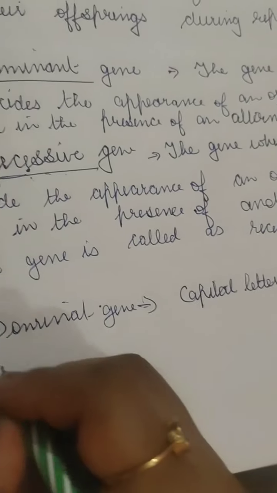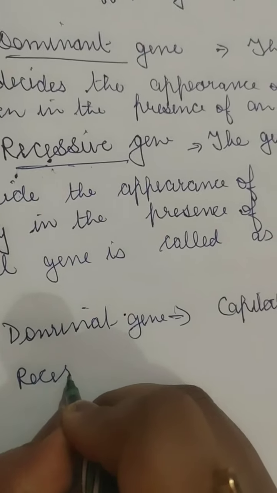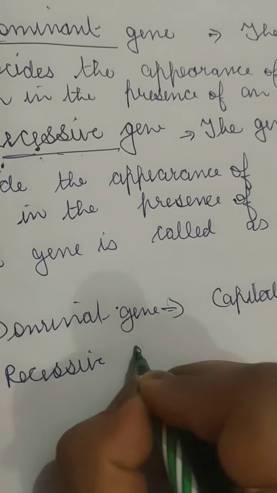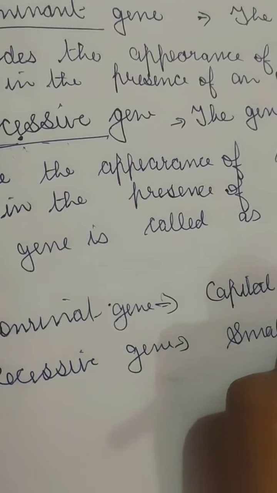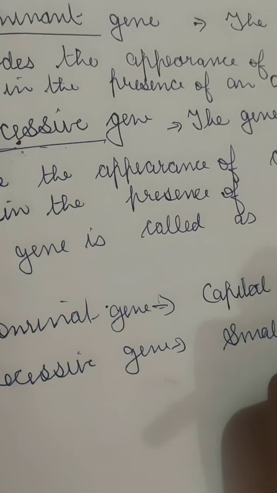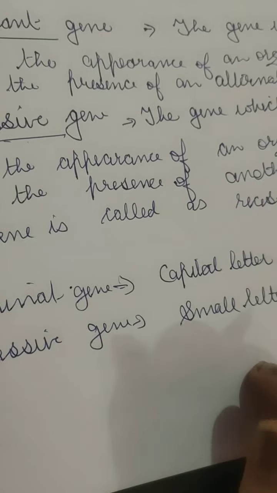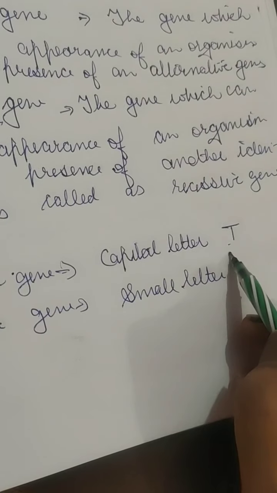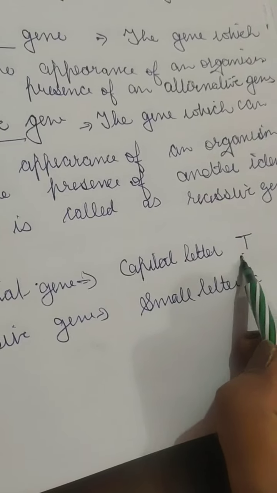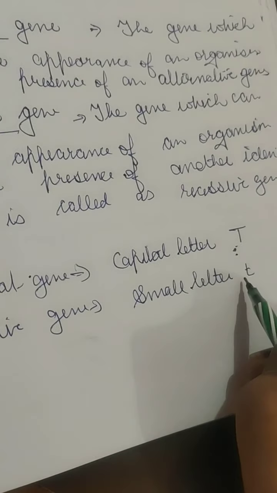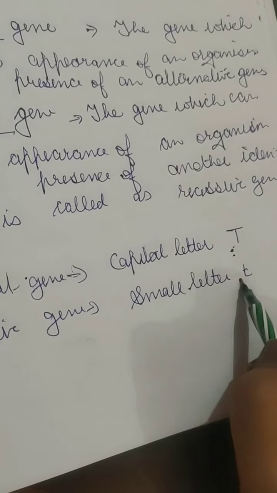And the recessive gene is written as a small letter, small t. So if there is a capital T, that means it's a dominant gene, and small t means a recessive gene.